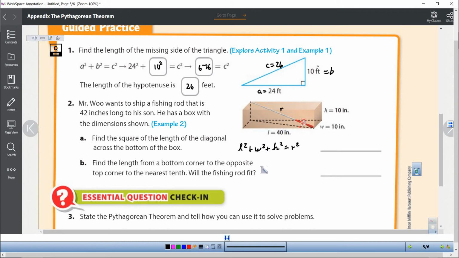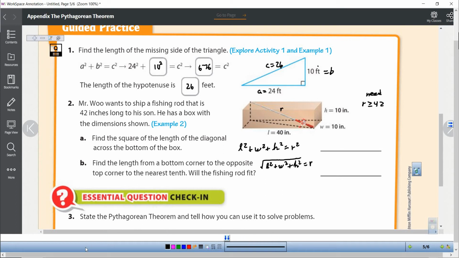Which means that if we take the square root of the length squared plus the width squared plus the height squared, we will get that distance there. So we need R to be greater than or equal to 42. That's what we need. Well, let's see what happens.